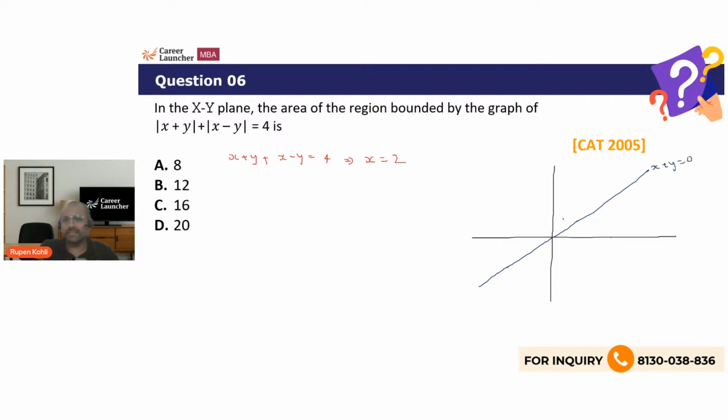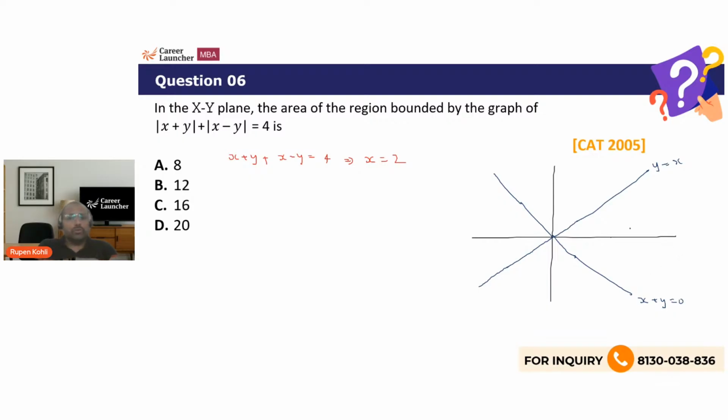Y equals minus x. Sorry, let me correct that. This is obviously the line with the slope of 1. So this is the line y equals x, and this line going downwards is the line x plus y equals 0.